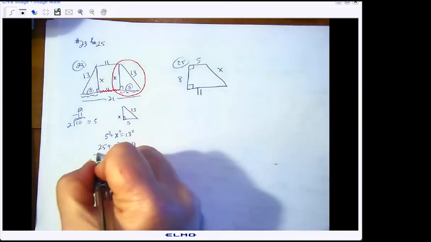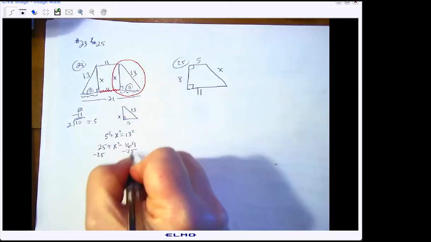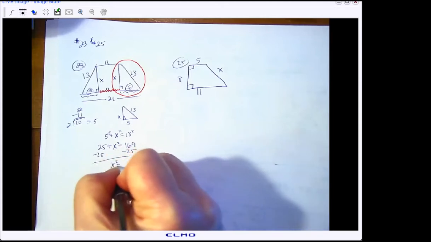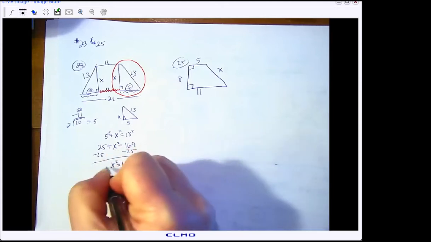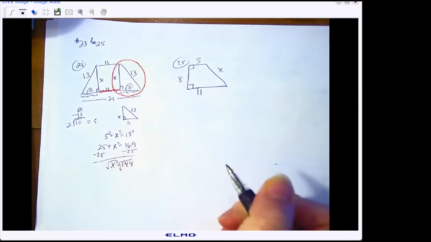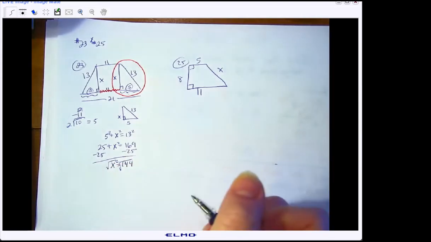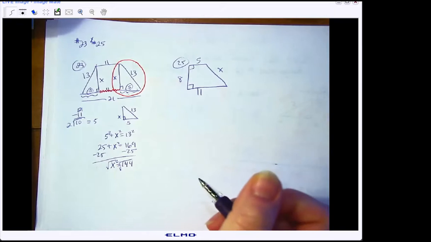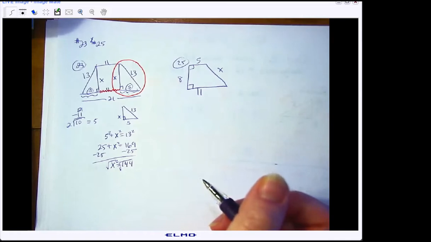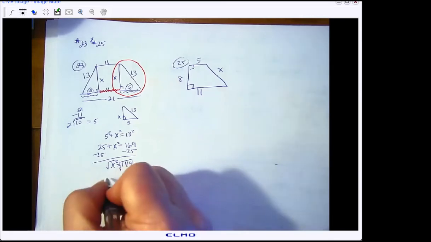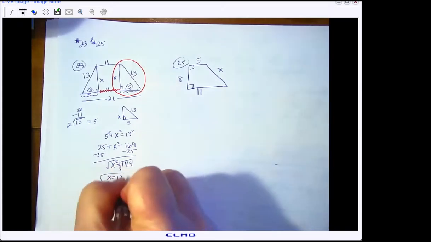When we did these on the video, minus 25 on both sides. X squared equals 144. Square rooting both sides. What's the square root of 144, people? 12. Good. X equals 12. And that one's done.